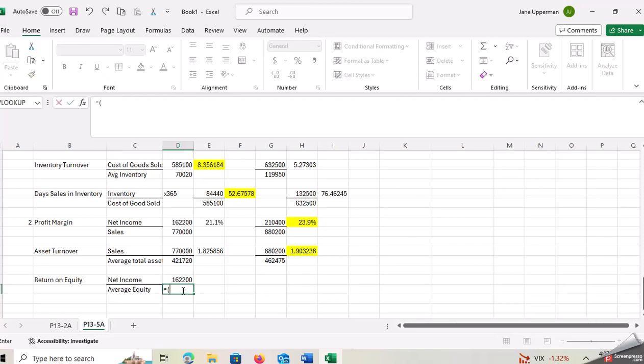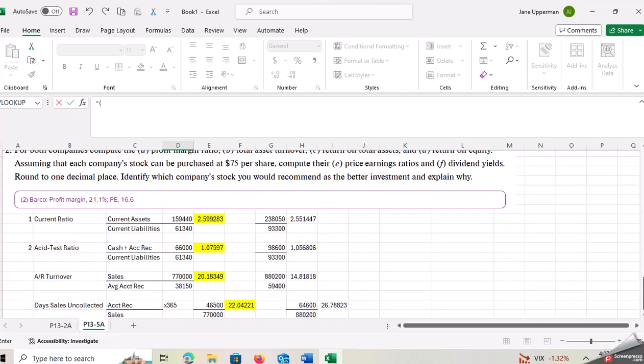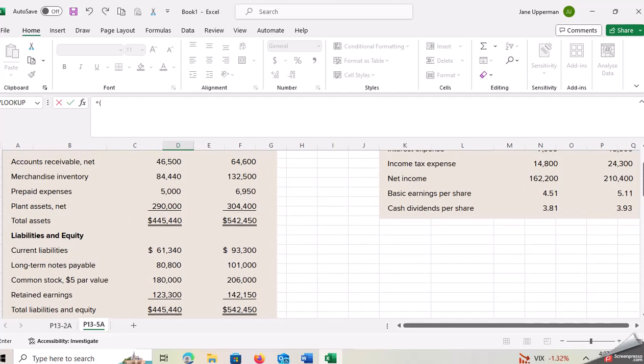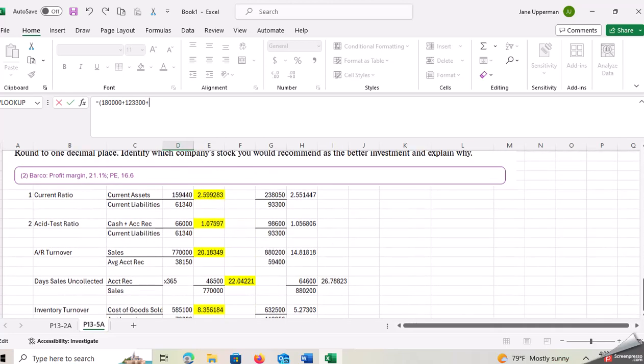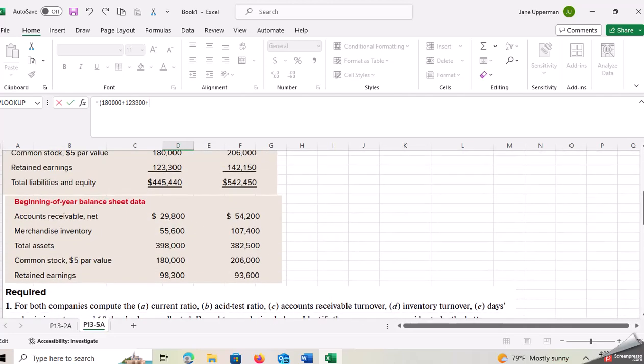But now our average equity, we're going to have to take our common stock, which is 180,000. And then our retained earnings, 123,300. But then we also have to add in the beginning year ones.